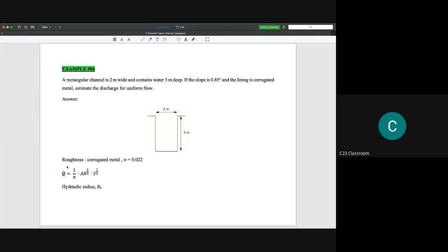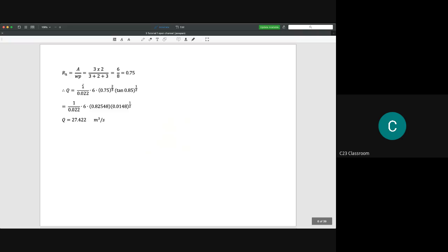In our syllabus, we focus on the Manning equation. This is the Manning equation to calculate the flow rate or discharge. R here is the hydraulic radius, because we have a rectangular channel, so there is no actual radius. We need to calculate the hydraulic radius to complete this calculation.